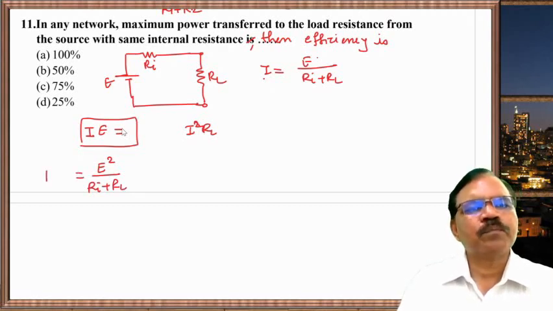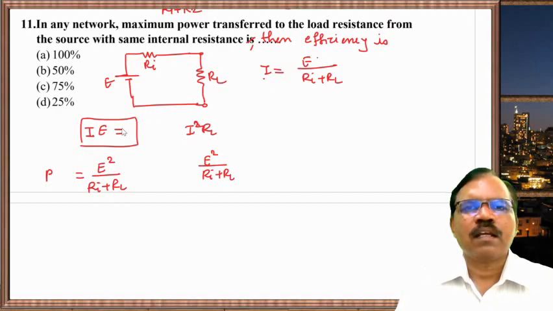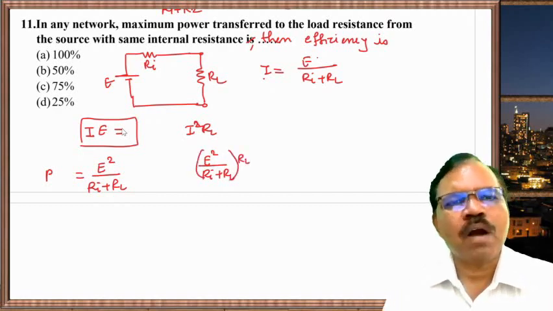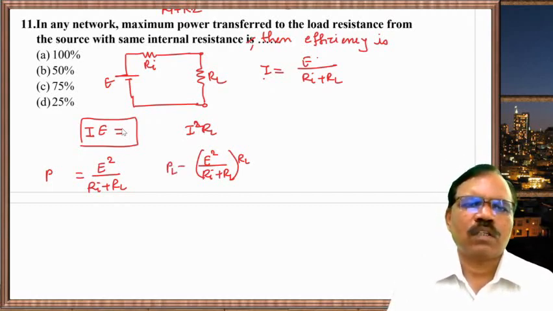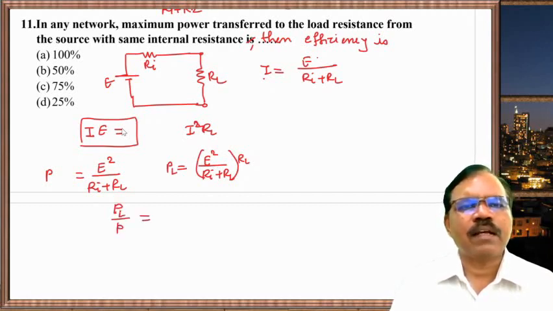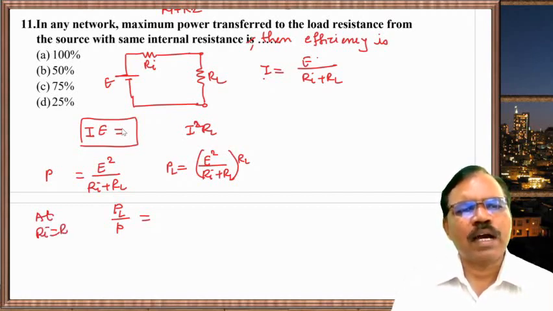This is power generated by the source, and E square upon Ri plus RL into RL. This is power across load resistance.